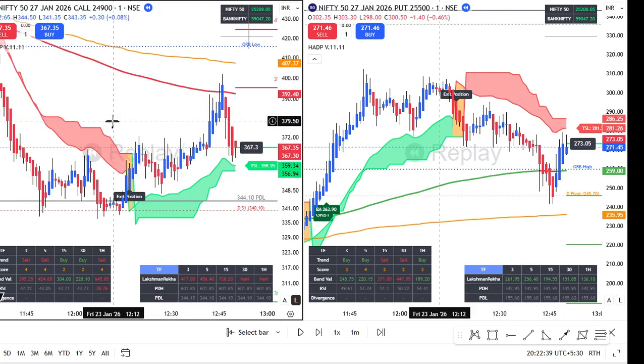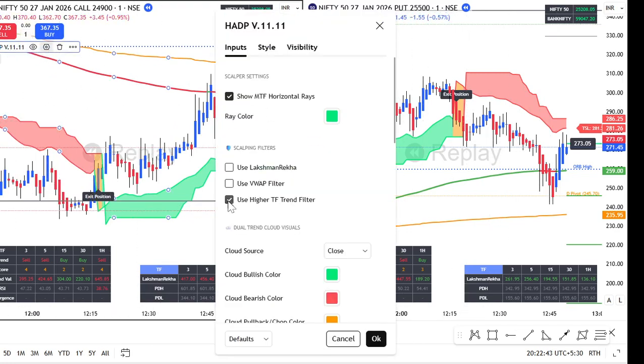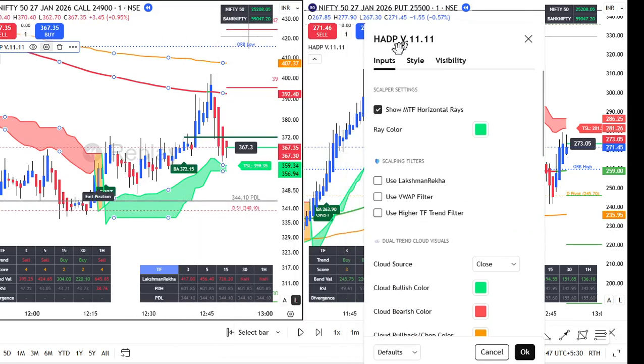That is because of the alignment with the higher time frame. If you switch it off, probably it would have given you a buy call here. At 372, it has given a buy call at the call option. But what happened? It was very close to the Lakshman Rekha and also the VWAP, and it started to fall.